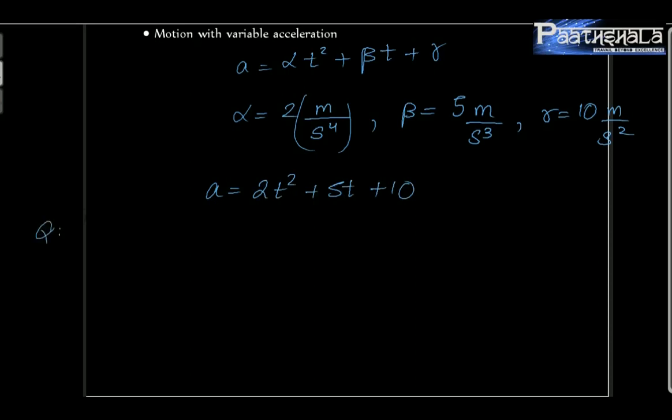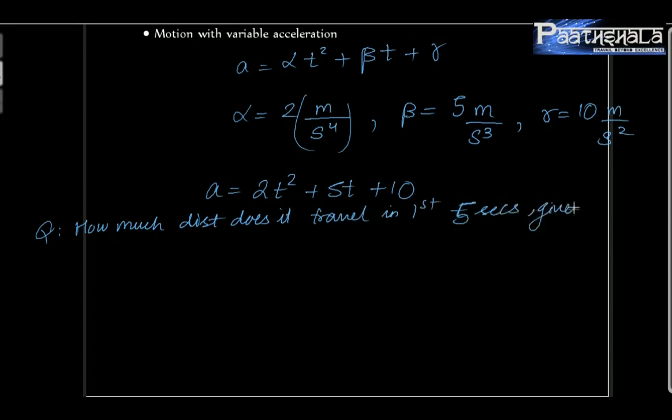Now the question that has been asked is, how much distance does it travel in first t seconds, or first, let's say, 5 seconds, given that it starts from rest at the origin. Alright, it starts at rest at the origin.